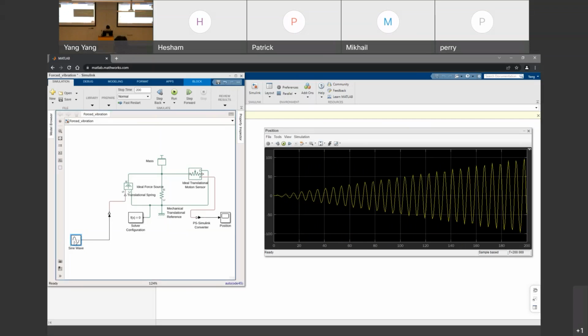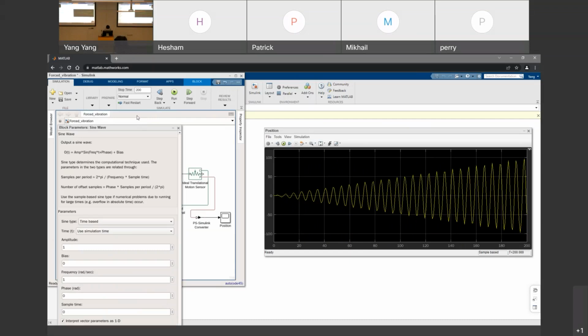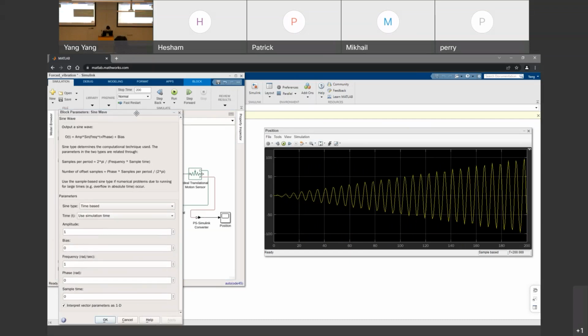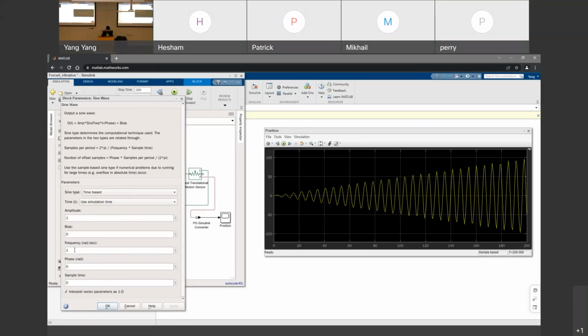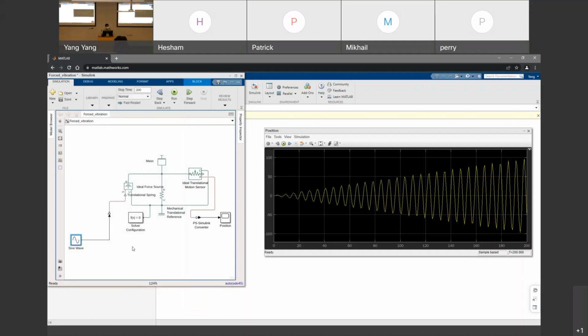And another case we have already talked about is if we have the frequency much larger than the natural frequency, for example, 100. What happened here?